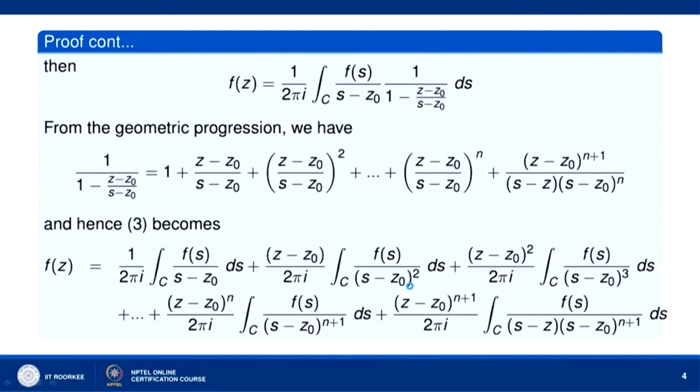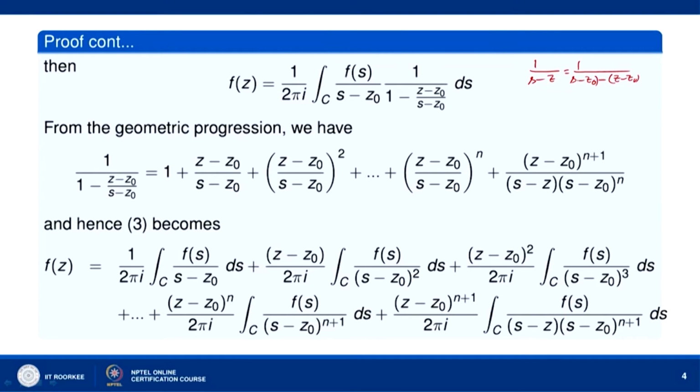Then f(z) can be expressed as 1 over 2 pi i integral over C f(s) over s minus z naught, times 1 over 1 minus (z minus z naught) over (s minus z naught). So 1 over s minus z, I can write it as 1 over (s minus z naught) minus (z minus z naught).